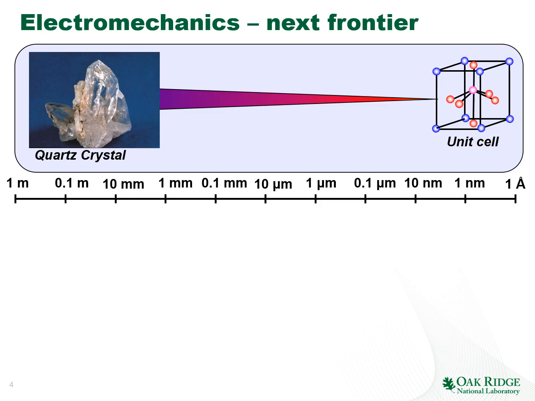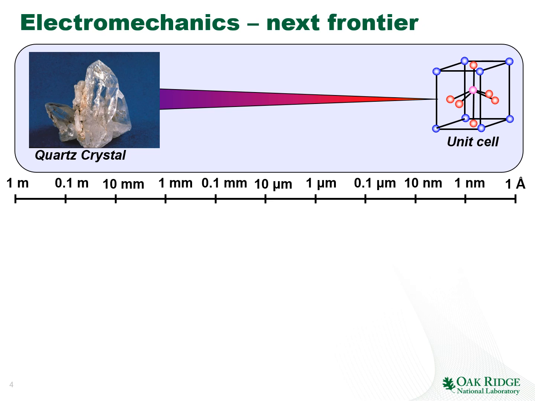Imagine that we have a single crystal of quartz, which is one of the most famous electromechanically active materials. If we take this crystal and put two electrodes on it and apply bias, we can directly study the electromechanical coupling.